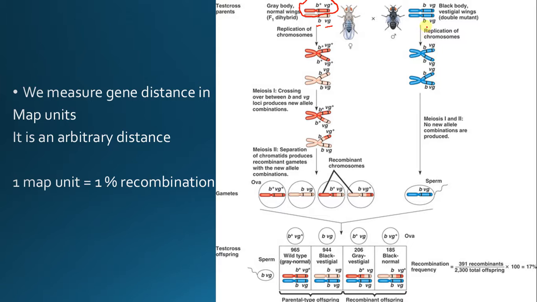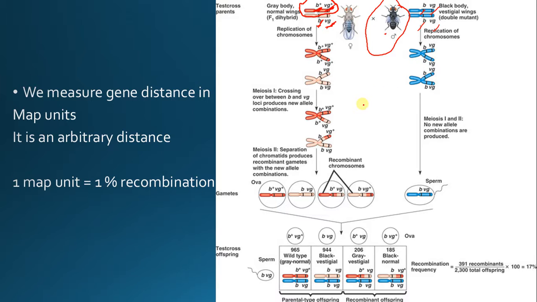If we cross these two, we can get a measure of their progeny. So we're going to cross a fruit fly that has dominant B, dominant VG on one chromosome, and recessive b, recessive vg on the other. And we're going to cross it with another fly that has 2 copies of the recessive genes.